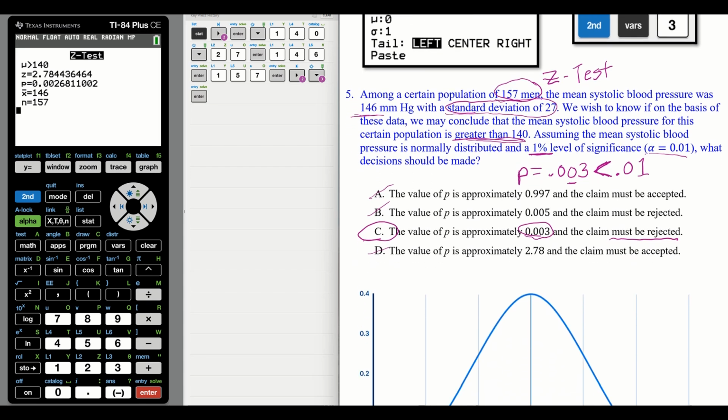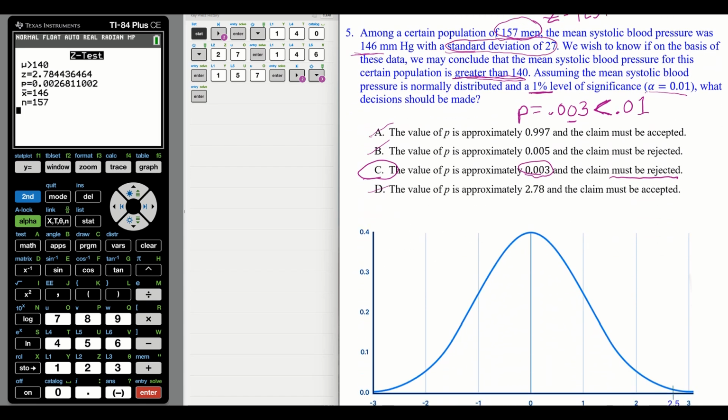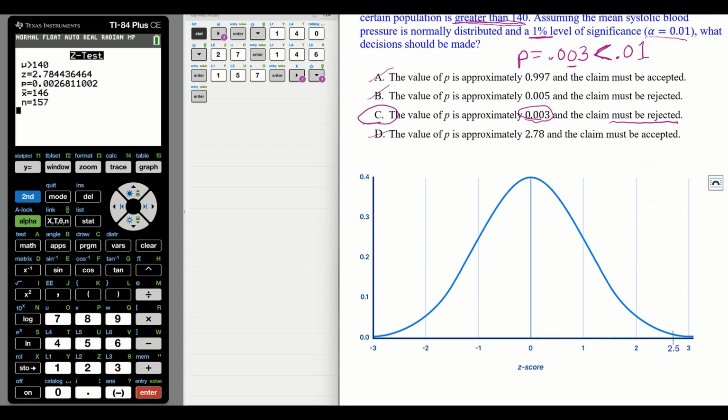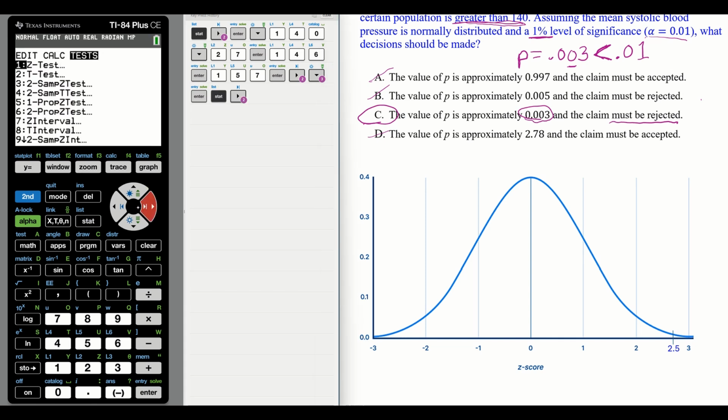Okay, moving on. Let's talk more about the z-score itself and the one-tailed and the two-tailed and how this would really look. Remember when we tried to draw it before, we just didn't get a good drawing out of our calculator. We can go back for this problem and see what we get.